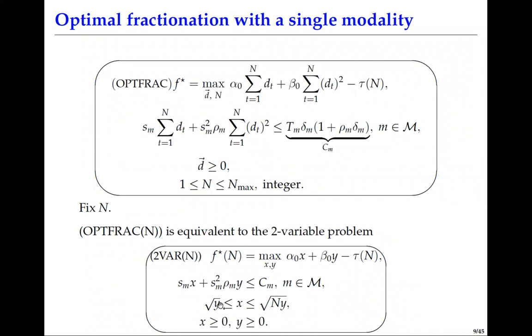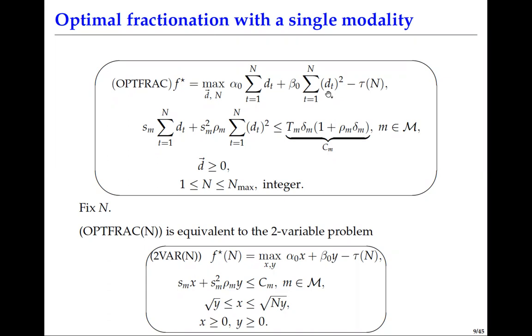But this constraint is an important one, and I want to talk about that for a minute. When I did this change of variable, I cannot ignore the fact that x and y are related to one another, because x is the sum of doses and y is the sum of squares of doses. Since doses are non-negative, x is the L1 norm and y is the square of the L2 norm.